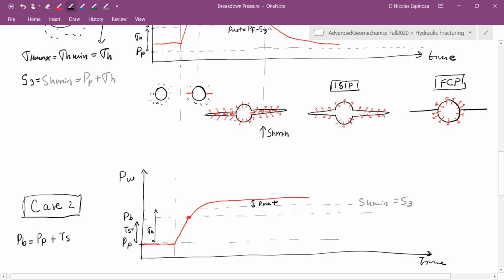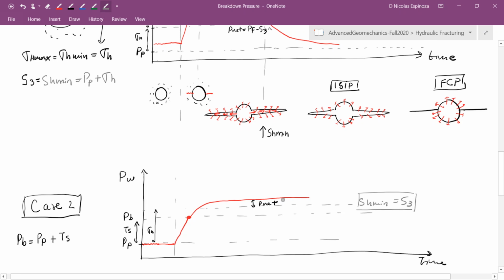So if you have a given tensile strength and you also have a least effective, a horizontal effective stress, the pressure for the fracture to propagate is going to have to be higher than the least principal stress, S3. I'm going to need also an additional pressure in order for that fracture to propagate.